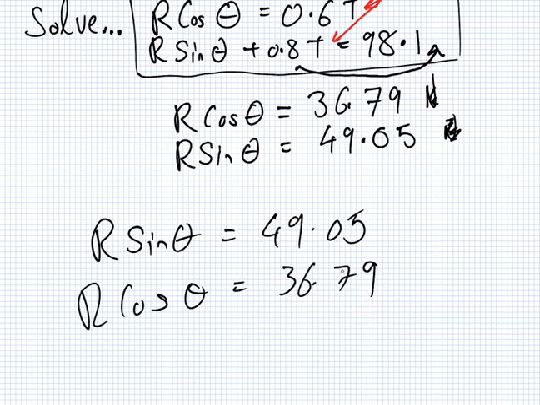And the trick here is we can divide. With elimination we can add or subtract, but we also can multiply or divide. So we can divide these two equations, sine divided by cos, 49 divided by 36. That's good because then the T cancels. So I'm left with sine theta over cos theta equals, and can I have this number please?